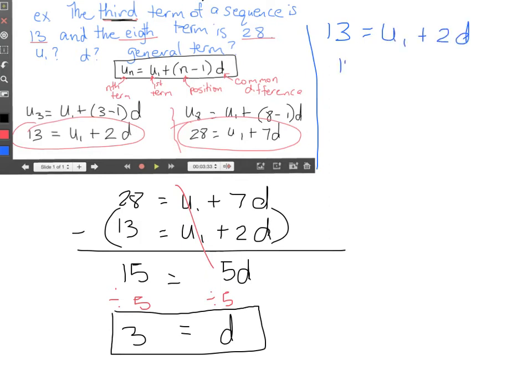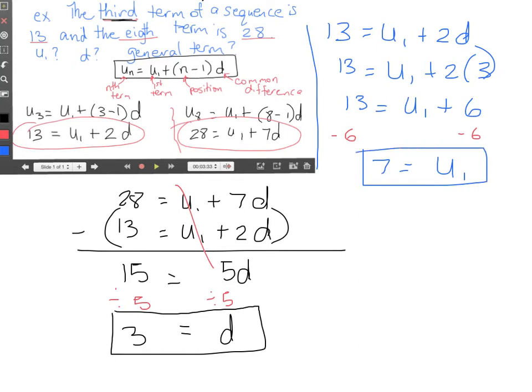So 13 is equal to, we don't know u1 yet, but we do know d is 3. We just got that over here. So we can plug that in there. And so we have 13 is equal to u1 plus 6. Taking 6 from both sides, we can isolate our u1, and we get that u1 is equal to 7.